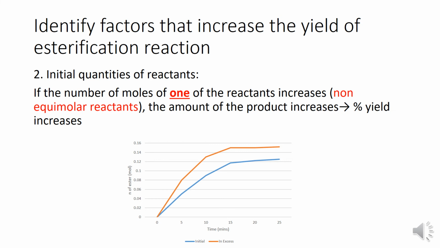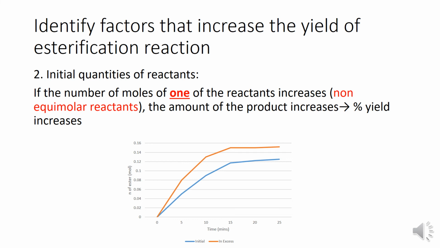The blue curve here represents the number of moles of ester formed initially, when you use initial amounts that have an equal number of moles of the reactants. Now, what happens when we use excess of one of the reactants?